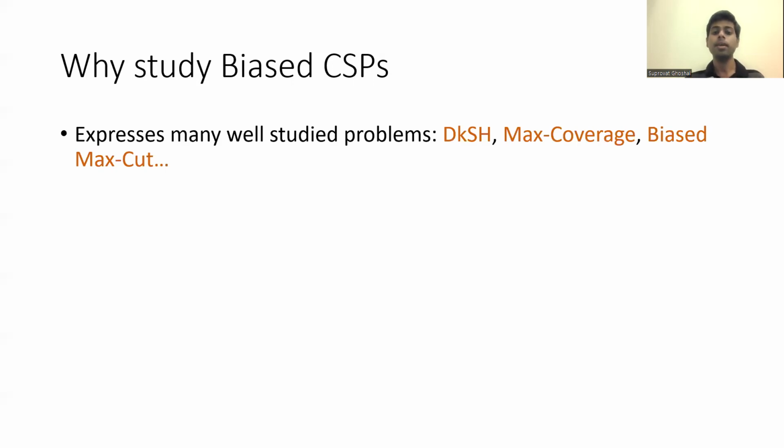Firstly, including the two problems that we just saw, max coverage and Densest-k-SubHypergraph, there are several others like max bisection, min bisection, and several other related problems which do not directly fit into the framework of max CSPs, but naturally fall into the framework of biased CSPs because of this global constraint on the number of variables that can be assigned a particular value.